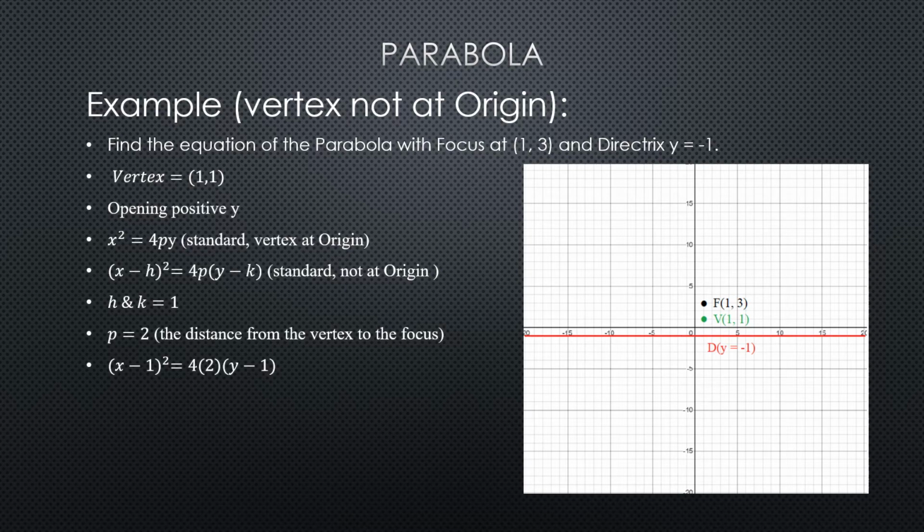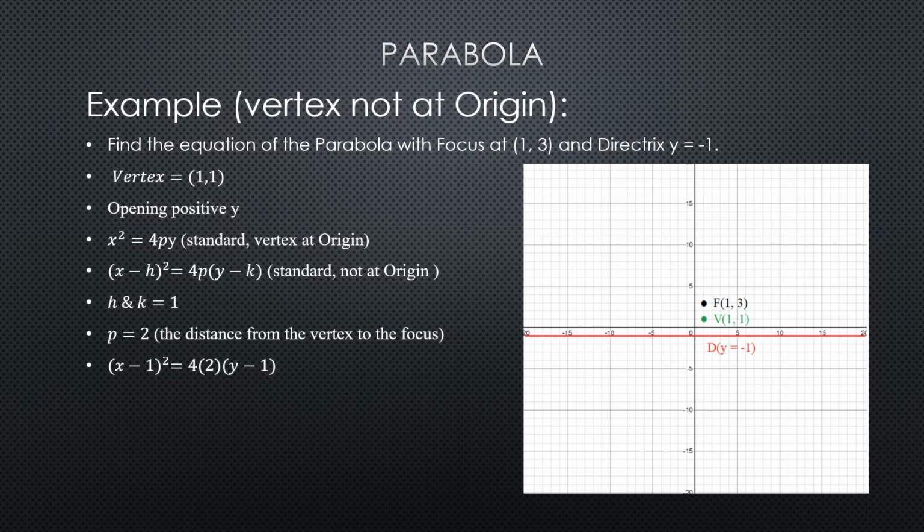So I should be thinking in my head about the formula x squared equals 4py, the standard with the vertex at the origin. I also already know, from plotting the focus and the directrix, that the vertex is now at 1, 1. It's right in between the focus and the directrix.